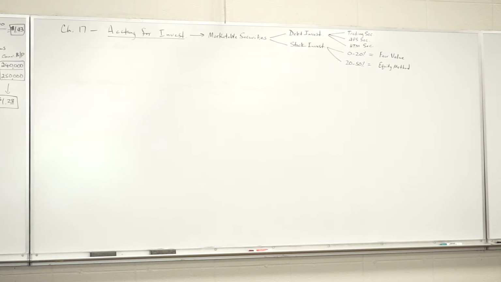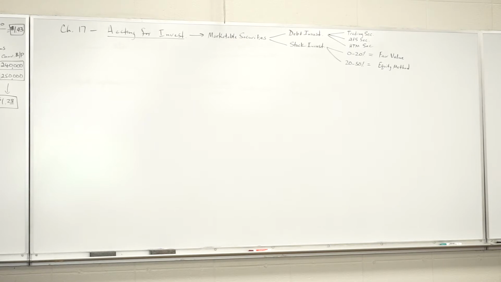That tells me that you know where it goes. Don't just tell me fair value adjustment and then unrealized holding gain or loss. Okay. Is there anything else specifically in chapter 17?